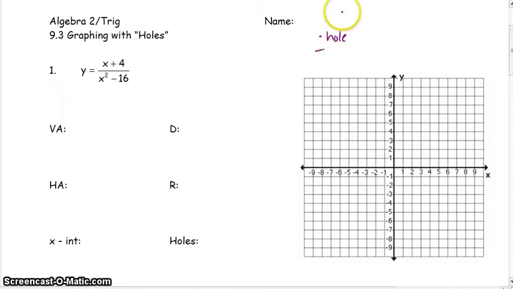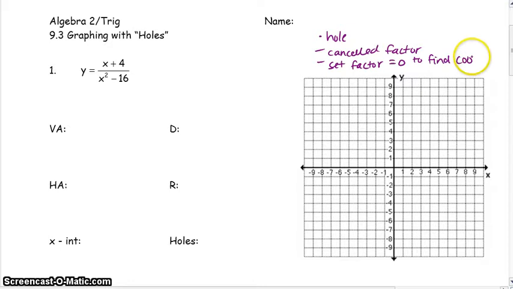It comes from a canceled factor. And to find the coordinate of your hole, you set the factor equal to 0 to find the coordinate.